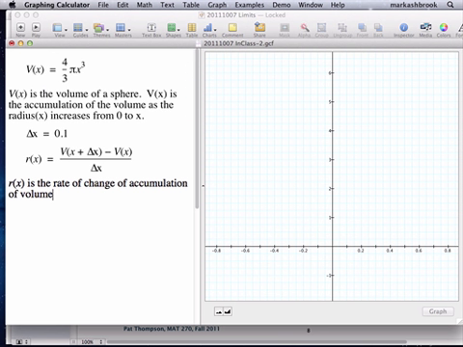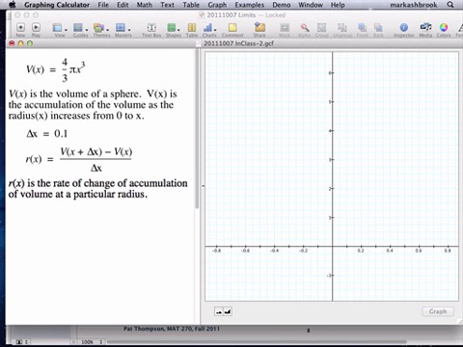The rate of change is kind of at a particular value of x, at a particular radius.